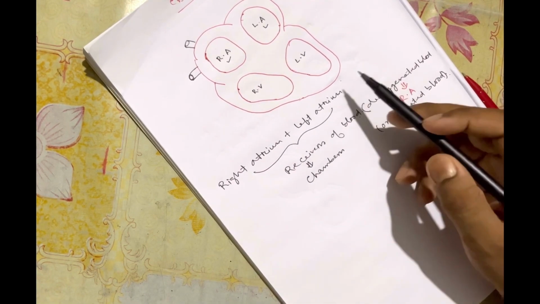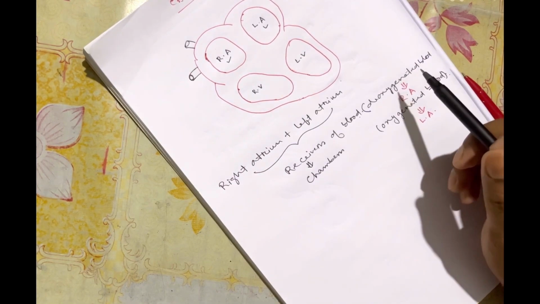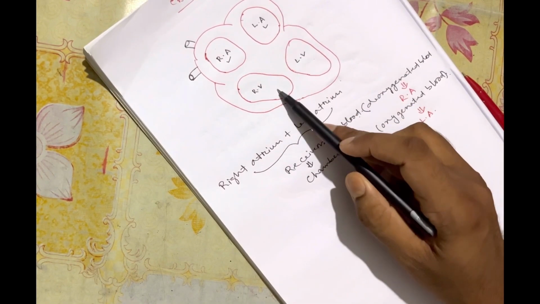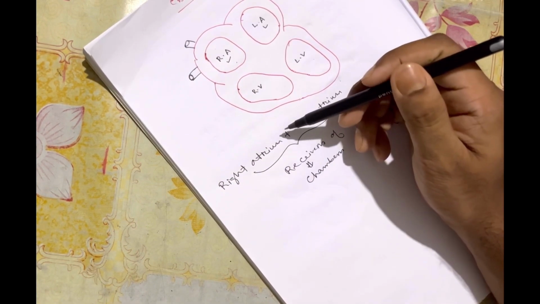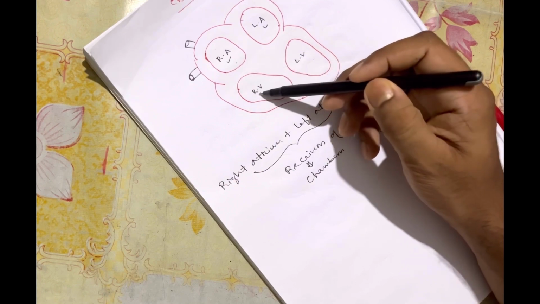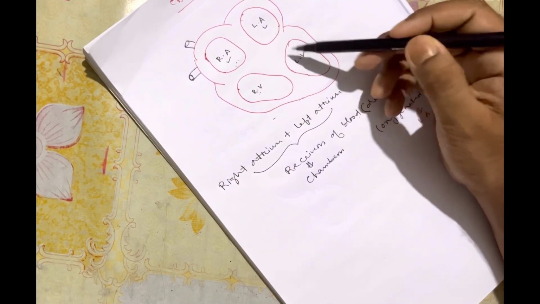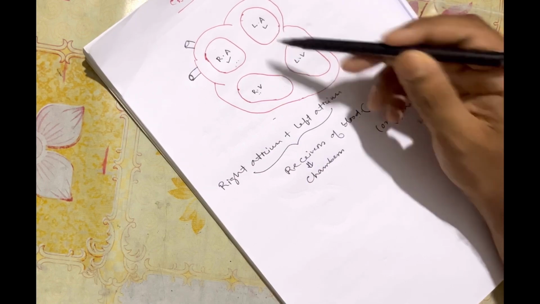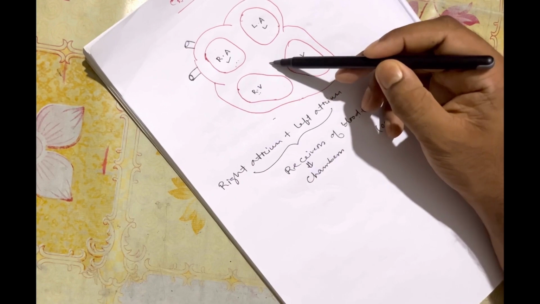Now a question may come that the right ventricle and left ventricle also receive blood, but they receive blood from inside the heart. The right ventricle receives blood from the right atrium, and the left ventricle receives blood from the left atrium, but this circulation is inside the heart only.